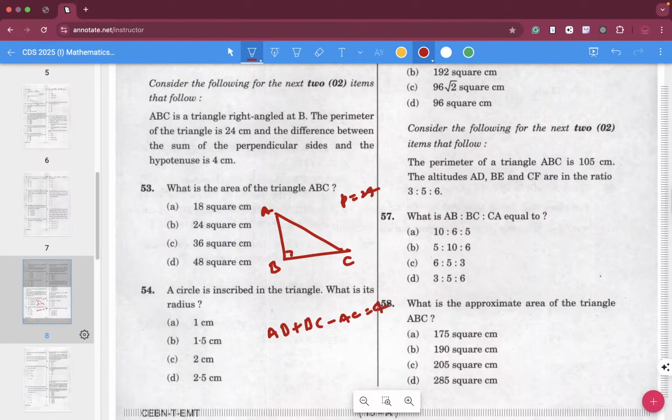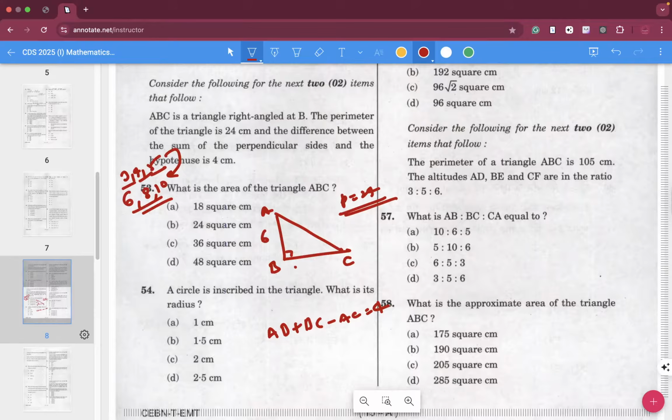Now perimeter they have given as 24, so can you think of a triplet 3 4 5? In 3 4 5, how much is the perimeter? 12. So is it likely that 6 8 10 is the other one? Isn't it just the multiple of this Pythagoras triplet over here?